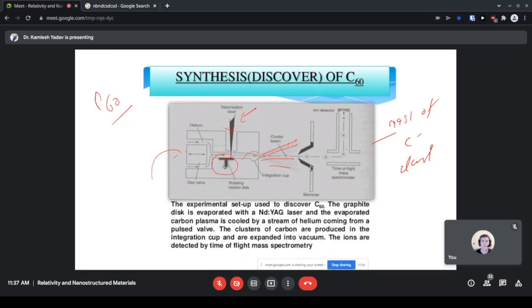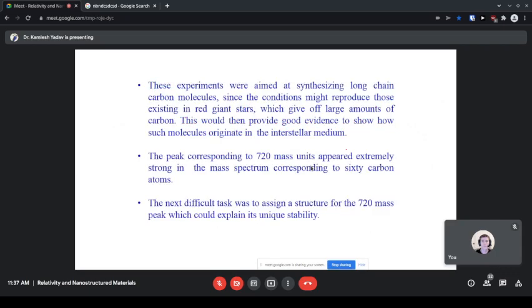But accidentally they discovered the fullerene structure. They were studying long-chain carbon molecules, that is carbon clusters, which might be present in red giant stars, etc.